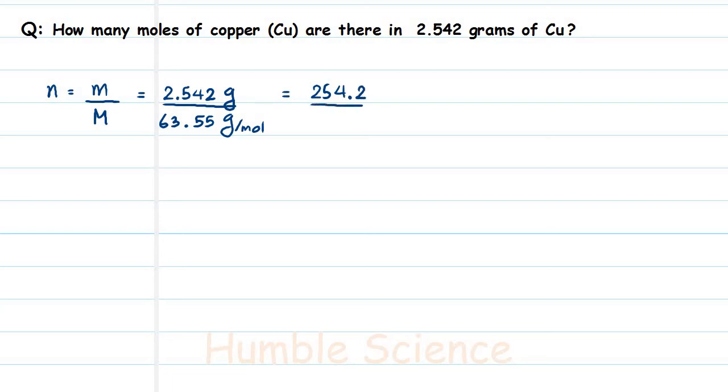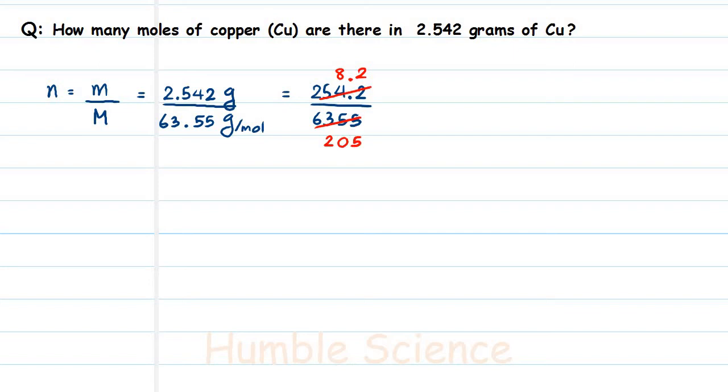254.2 divided by 6355. I think we can divide it by 31, and that's going to give us 8 here, 2 here, and that should be 205.